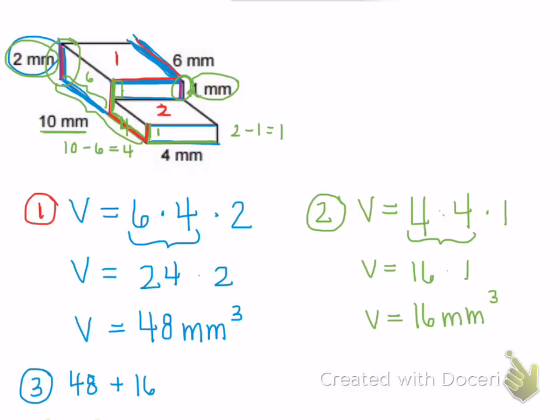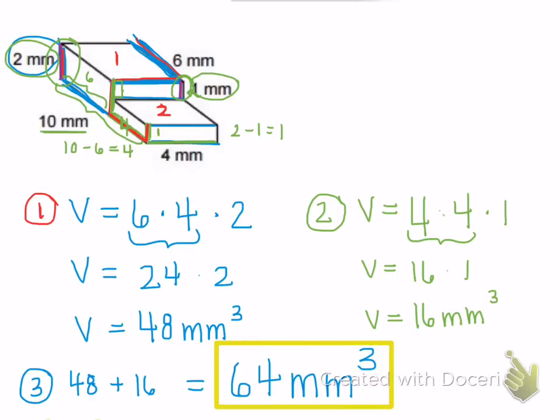Okay, so you should have found 48 plus 16 to be 64 millimeters cubed. So your total volume would be 64 millimeters cubed. All right, let's move on.